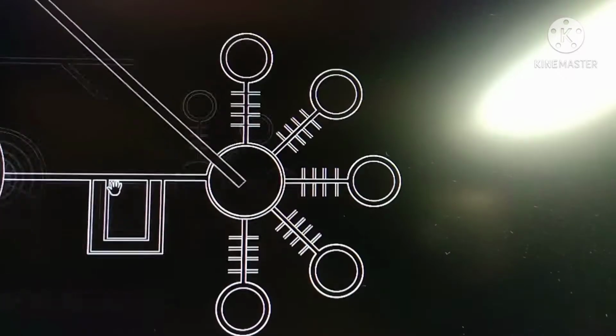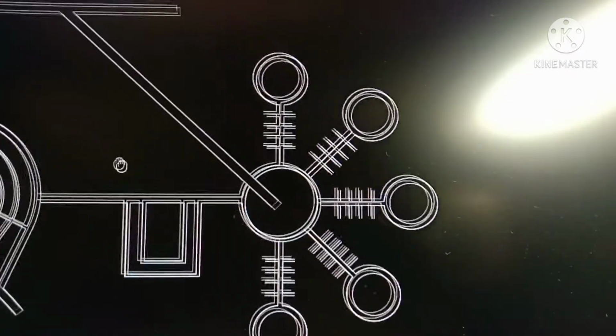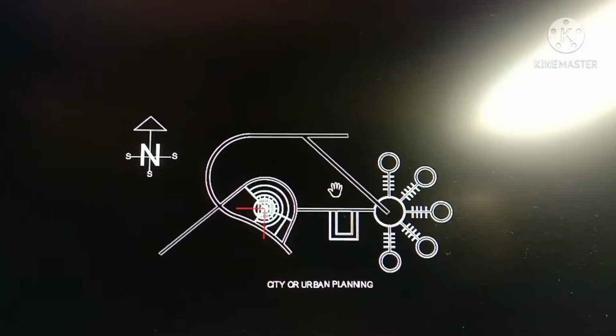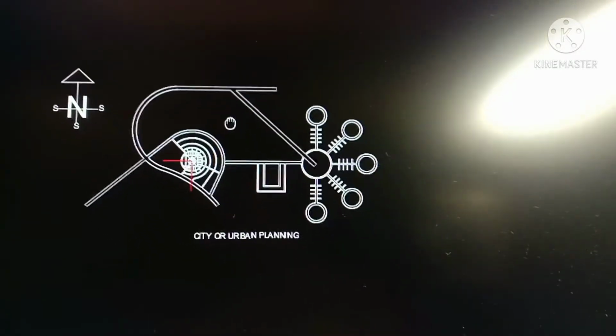So what the planners did is, after being approved by the senior urban planner, they have come up with a certain design based on the survey. So this is how they come up with a design of the city.